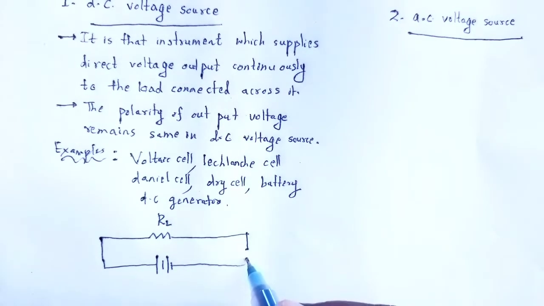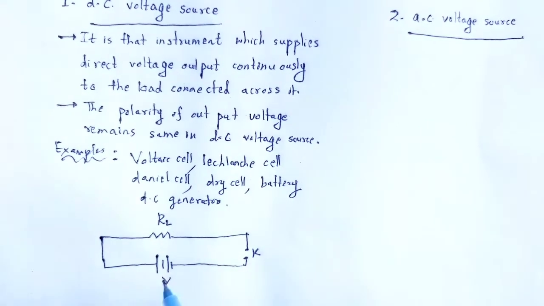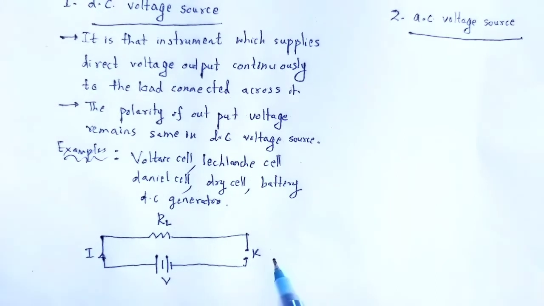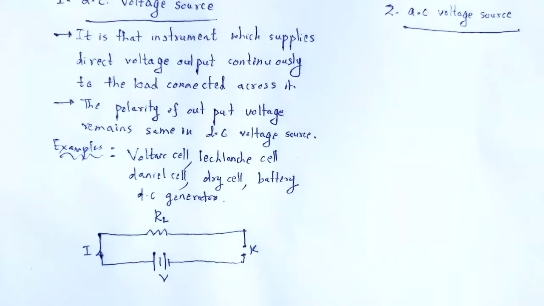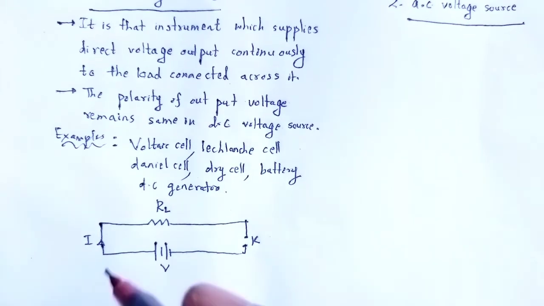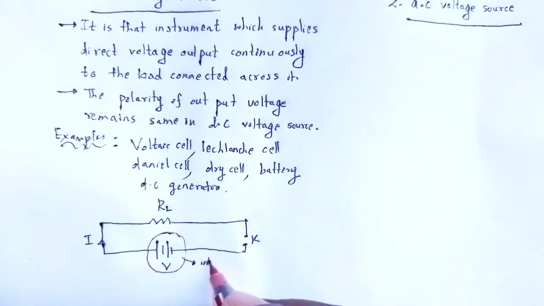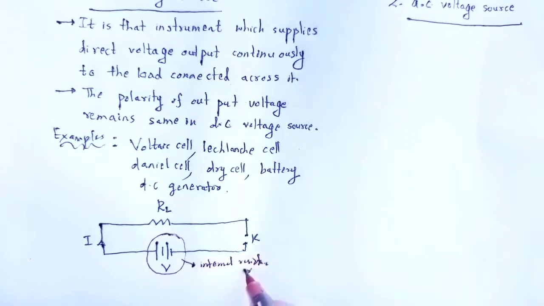There will be the key K, voltage source V, current I. Here current I flows in the circuit, and the voltage source has a small internal resistance r.